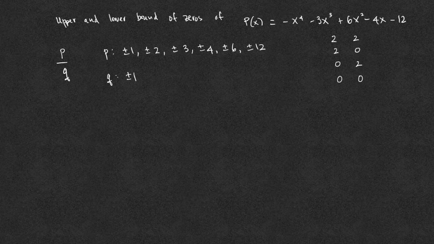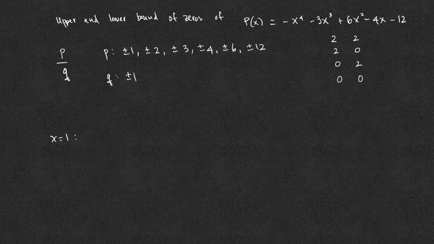If we take any number in the first list p and divide it by plus or minus 1, then the possible real rational zeros are plus or minus 1, plus or minus 2, plus or minus 3, and so on, which is simply p.